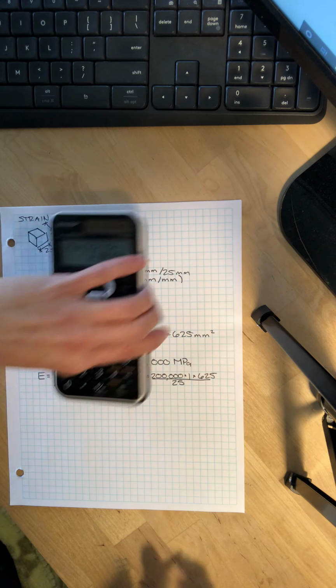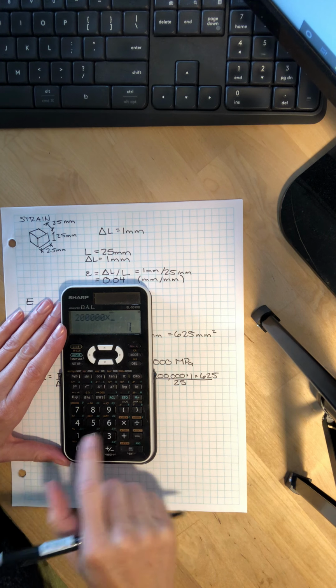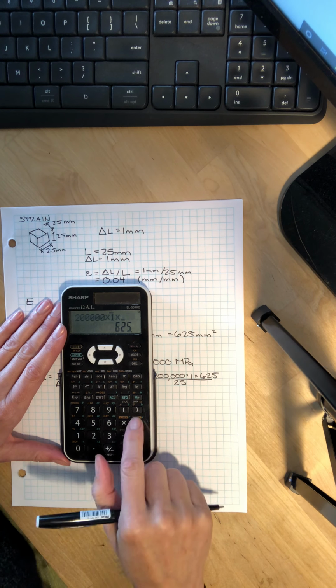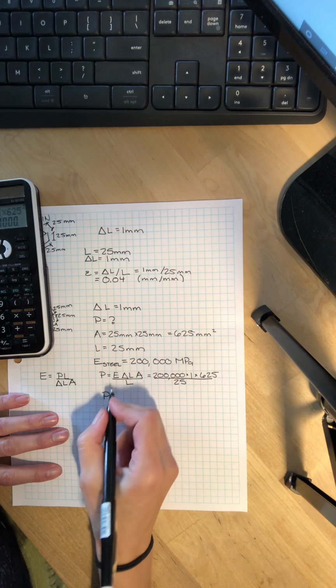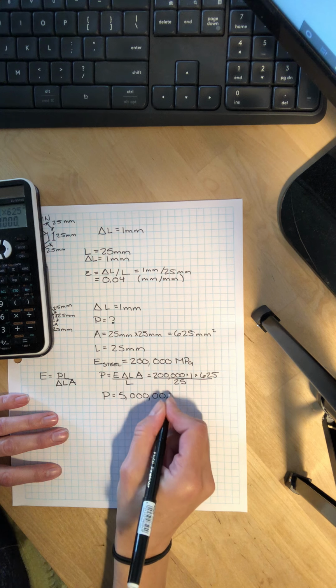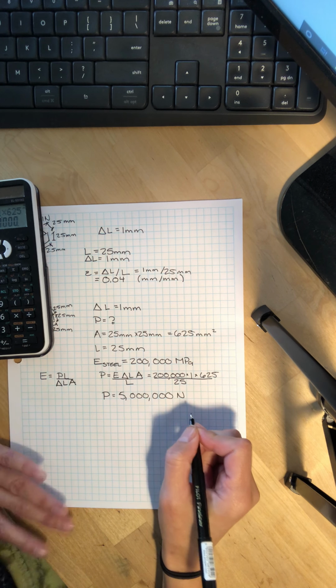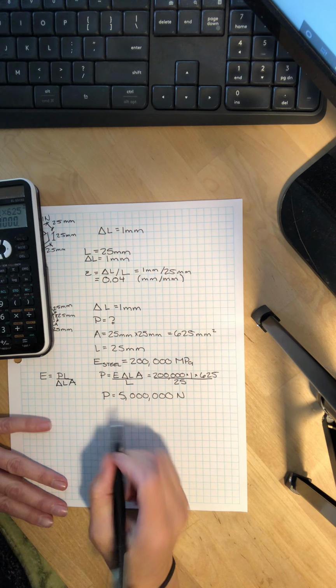We can plug this into our calculator: 200,000 times 1 times 625 divided by 25. We get 5 million newtons. Well, that seems like kind of a crazy number.